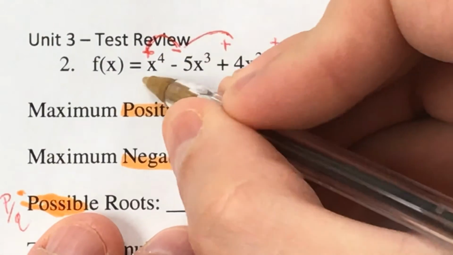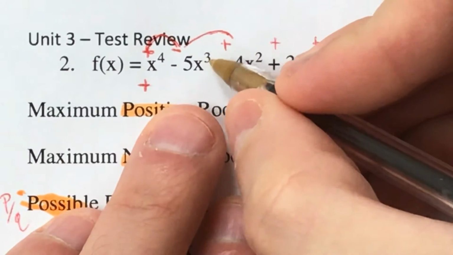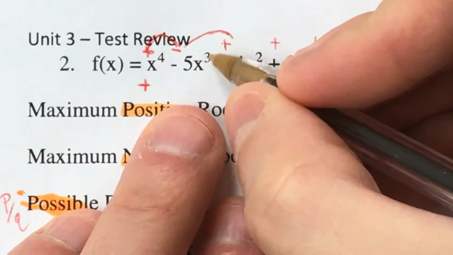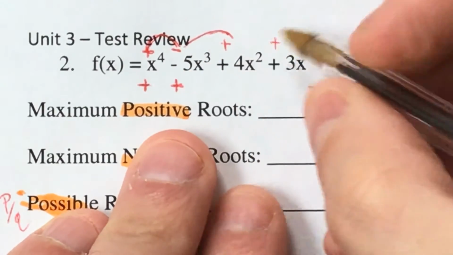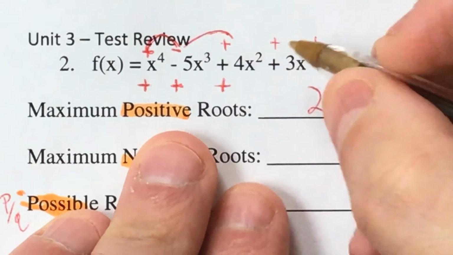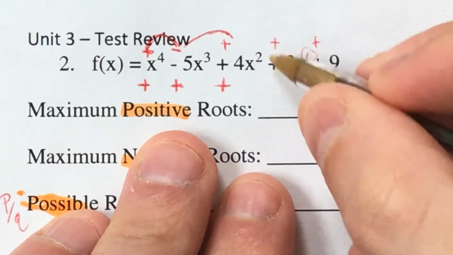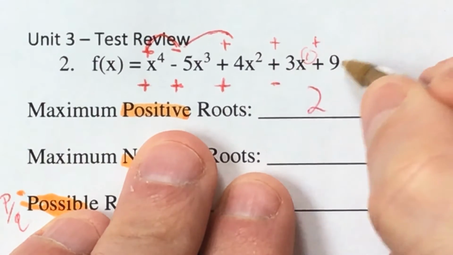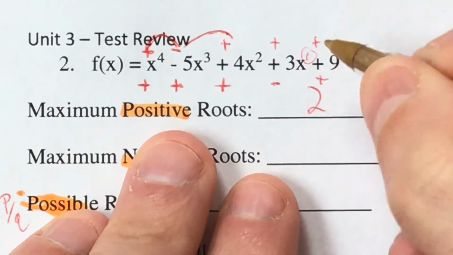For negative, any even exponents stay the same. So this is even, so it stays positive. This is odd. Because it is odd, the 3 is odd, this will change from a minus to a plus. Even stays the same. Odd, because it's an x to the first, this will change to a minus. And this is just an x to the 0, so it stays the same plus.